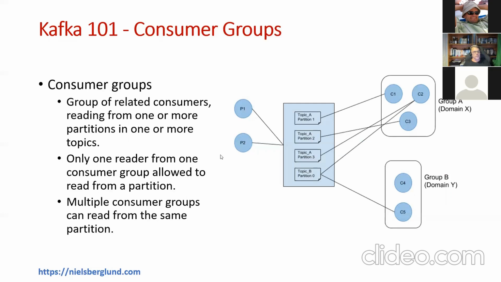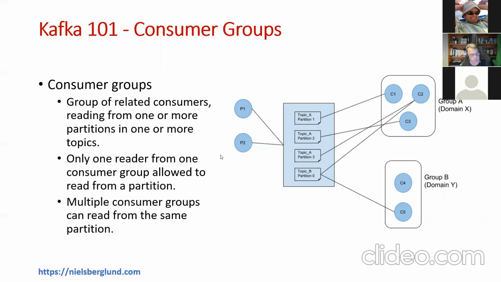So the question is, how do I get scalability and ordering from a consumer perspective? We do that with something called consumer groups.